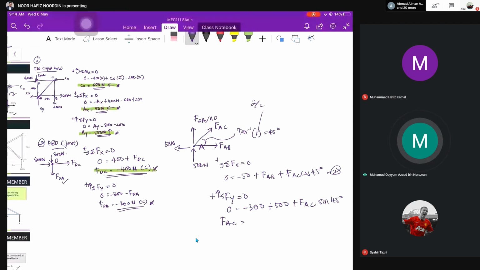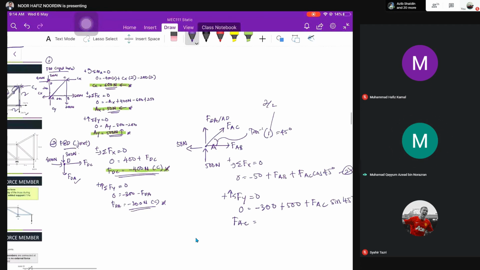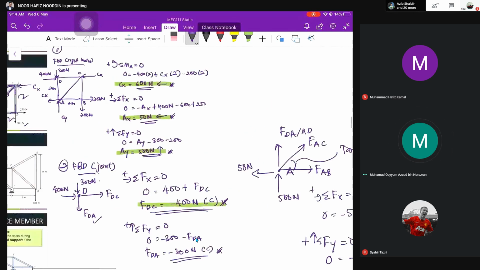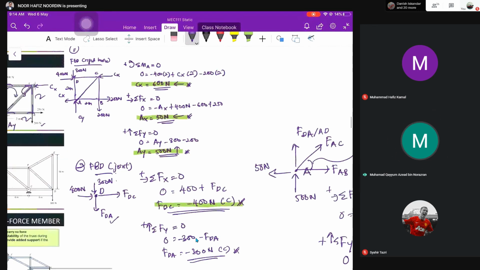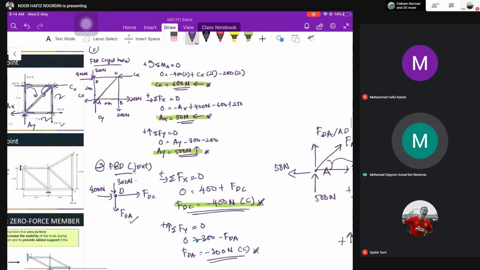So, saya nak tanya yang moment yang first tu sir, kenapa yang perpendicular tu? Yang 250 ni?